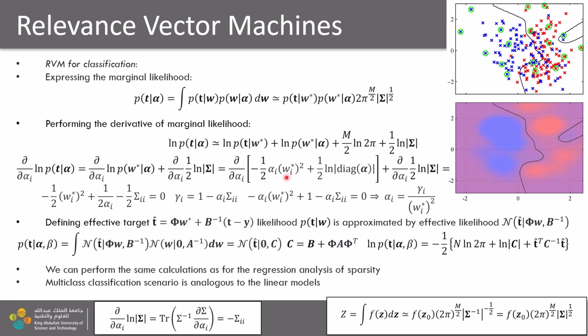And that's the part of the exponent where we can see that our otherwise multivariate Gaussian distribution will have the alpha as a matrix A, and this matrix A is multiplied with the weights from both sides, the weights minus the mean of the weights, which is the zero mean.